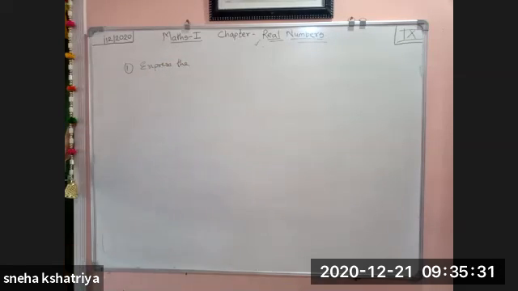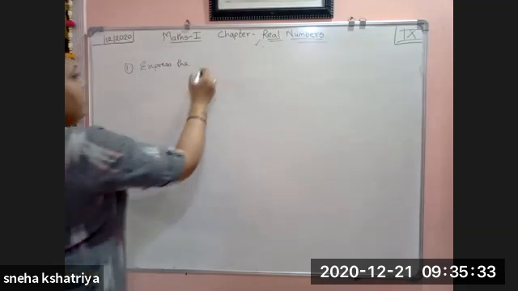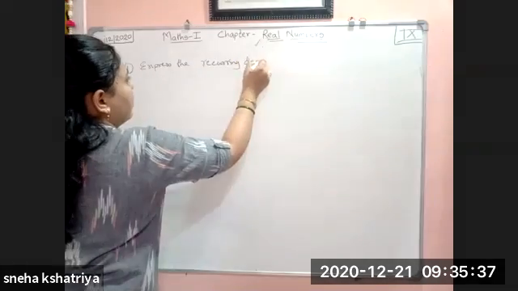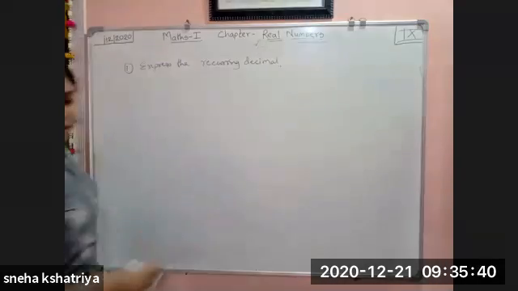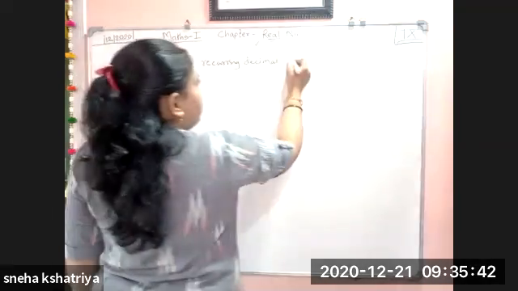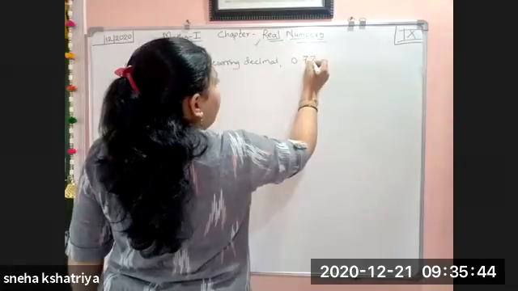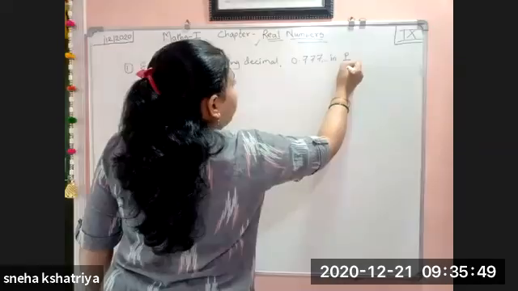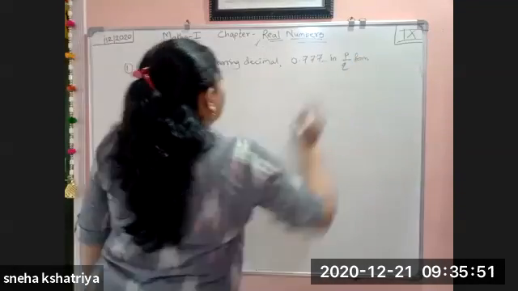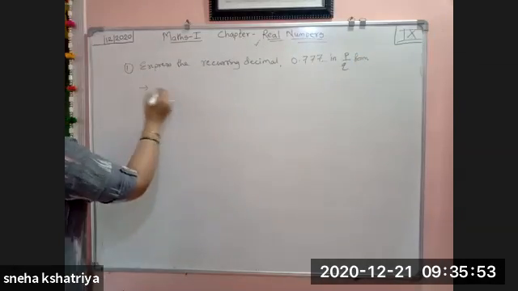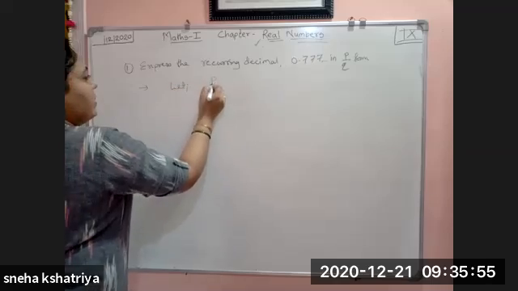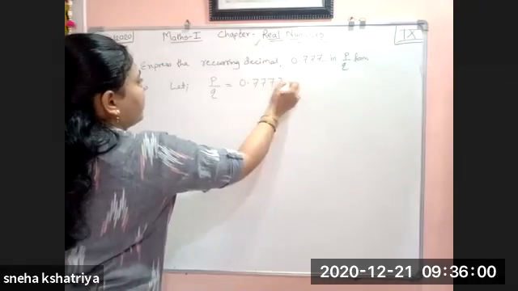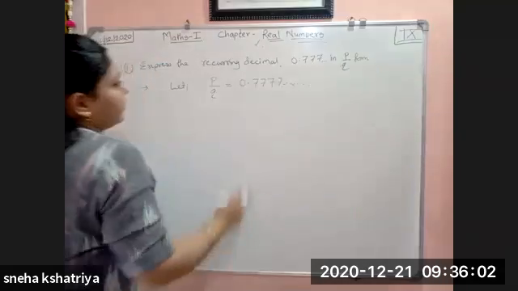The recurring decimal given to you is 0.777 and so on, in p by q form. Let us suppose that the fraction p by q is equal to 0.7777 and so on. It is given.